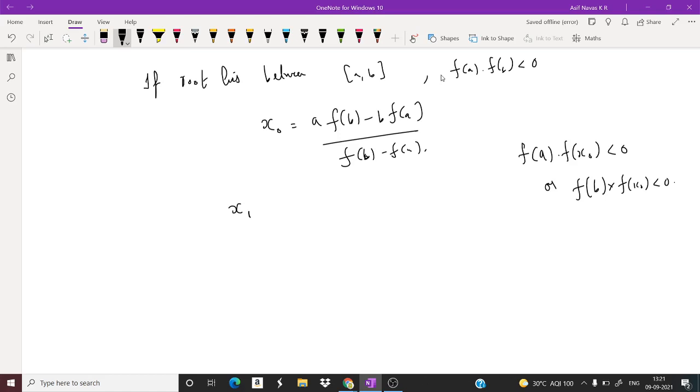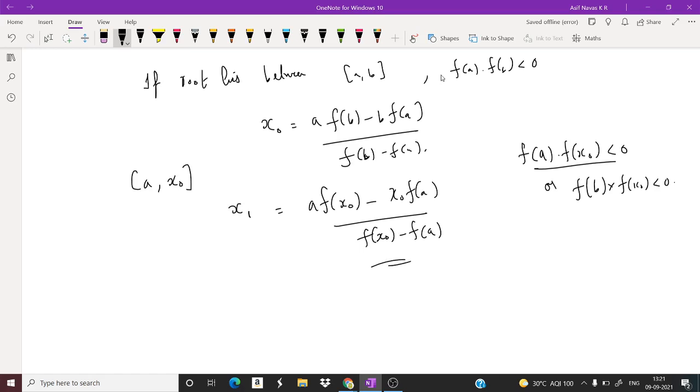If it is a and x naught, this is correct, then my x1 is a into f of x naught minus x naught into f of a divided by f of x naught minus f of a. So it will continue like this. Next class we will do problems.